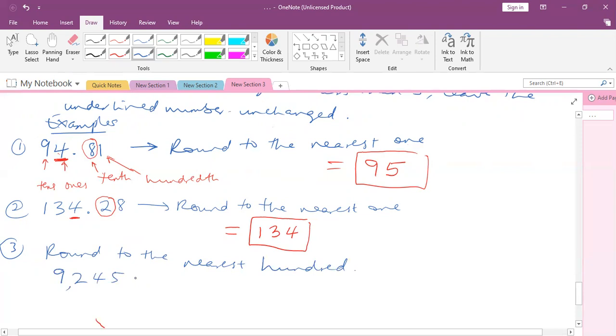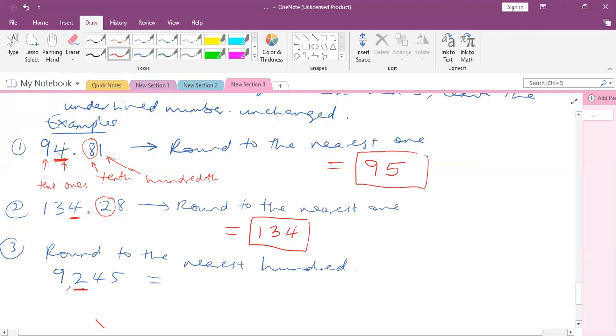To round to the nearest 100, I have to identify the place value: this is 1, that is 10, and that is 100.